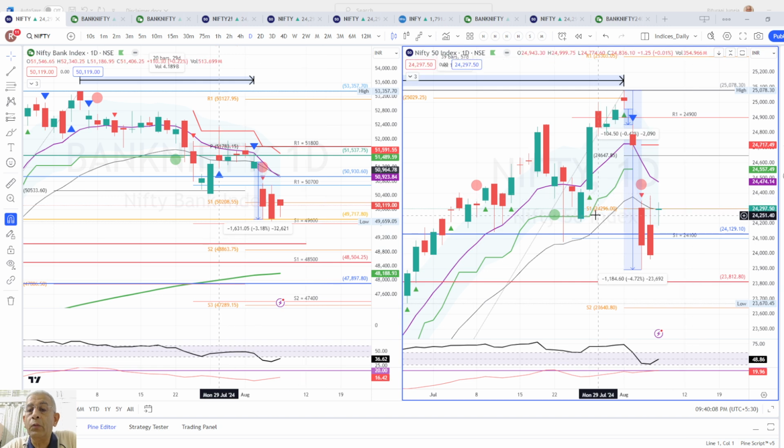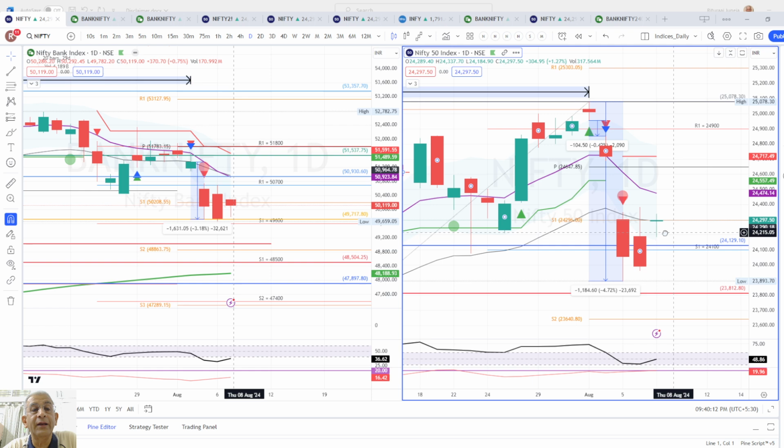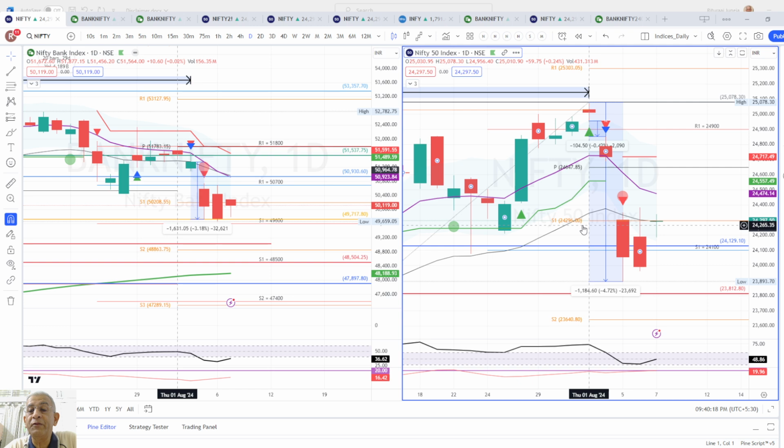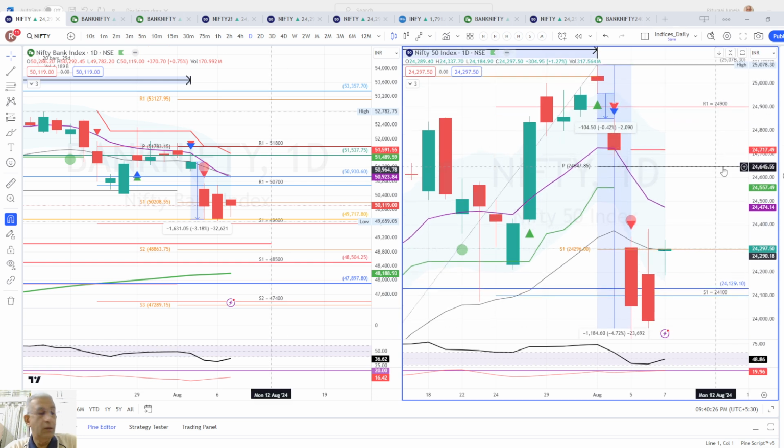The challenge is, why did we see a stop of Nifty today at this level of 24,297? Because there was this S1 pivot at 24,296. Now, if you see, on the daily chart, there is another pivot at 24,647.